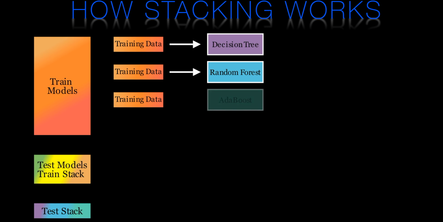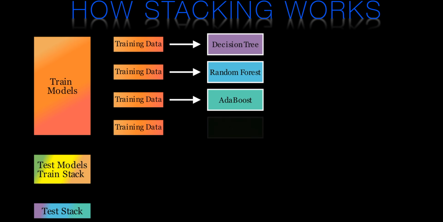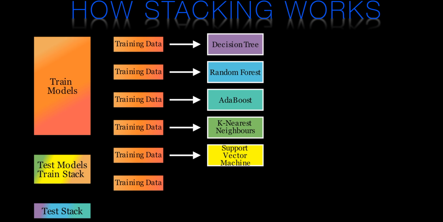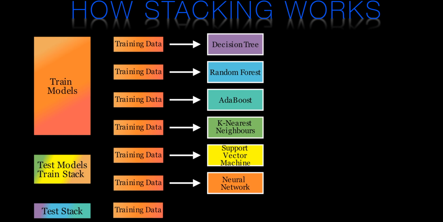For AdaBoost, we will use boosting to selectively generate training sets that are richer in data samples that previous models have struggled with. And we'll continue with this using clustering for k nearest neighbours, finding hyperplanes for our support vector machine, backpropagating to train our neural network, and tweaking our weights for our logistic regression decision boundary.